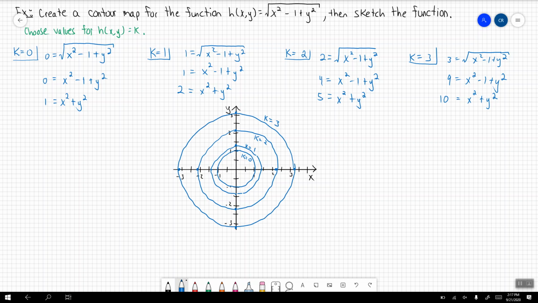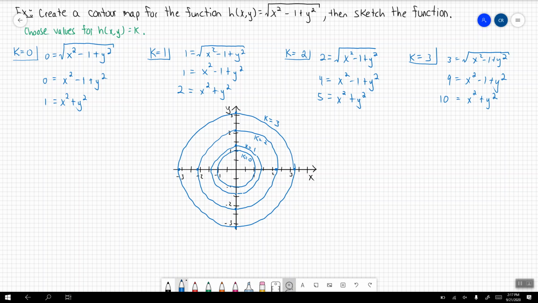As we can see here, as we get closer to k equal to 0, these level curves start bunching up together very quickly. But as we move further away from k equal to 0, and remember, the k's are your z values, as long as we're moving in the upward direction, these curves are getting larger and larger, which means they're expanding at a faster rate.